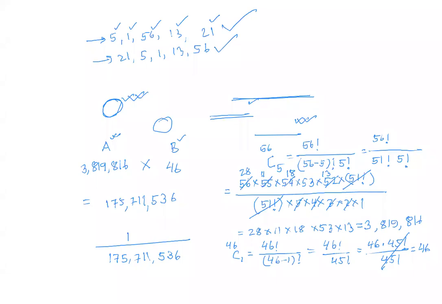You mean this one? Yes. So this comes from this 5 factorial. So 51 factorial, right? This one is here. So these two cancel out. Then 5 factorial is left, which is 5 times 4 times 3 times 2 times 1.